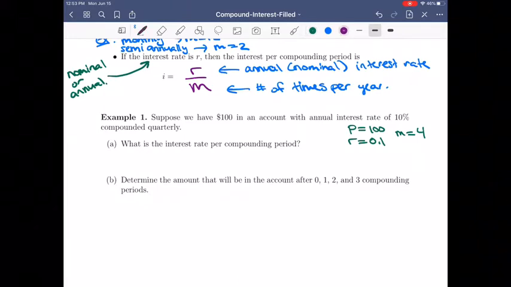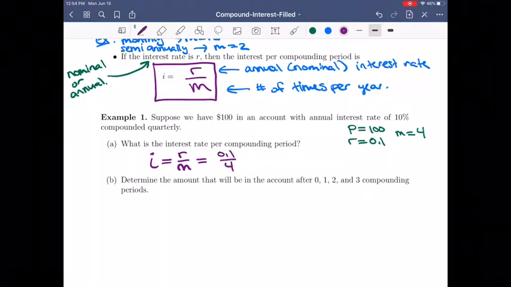If we want the interest per compounding period, that's I. It's going to be R over M. Maybe I should put this in a box so you can find it. So it's going to be 0.1 divided by 4, which is equal to 0.025.